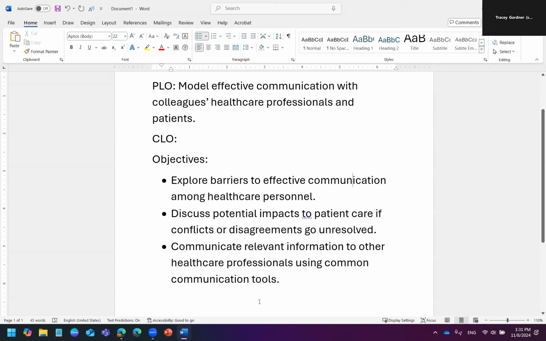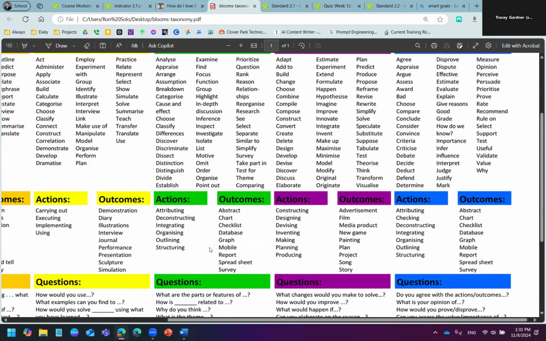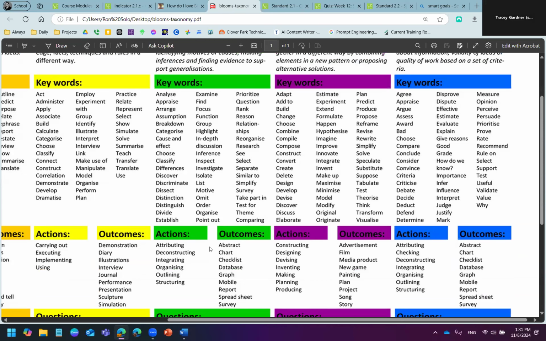But I don't know if I understand correctly, they're not explaining to the patient, they're hearing. Actually, yes, this is more of a behavioral type of objective, more in the affective domain.